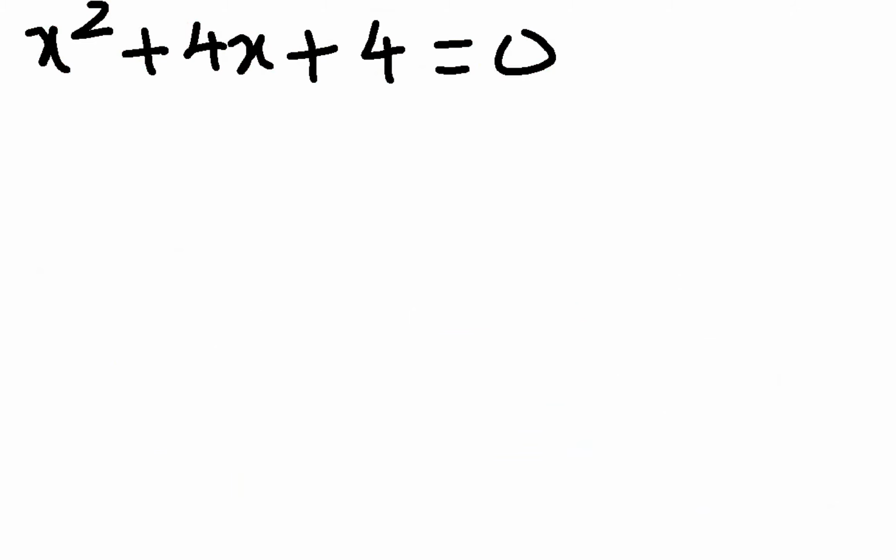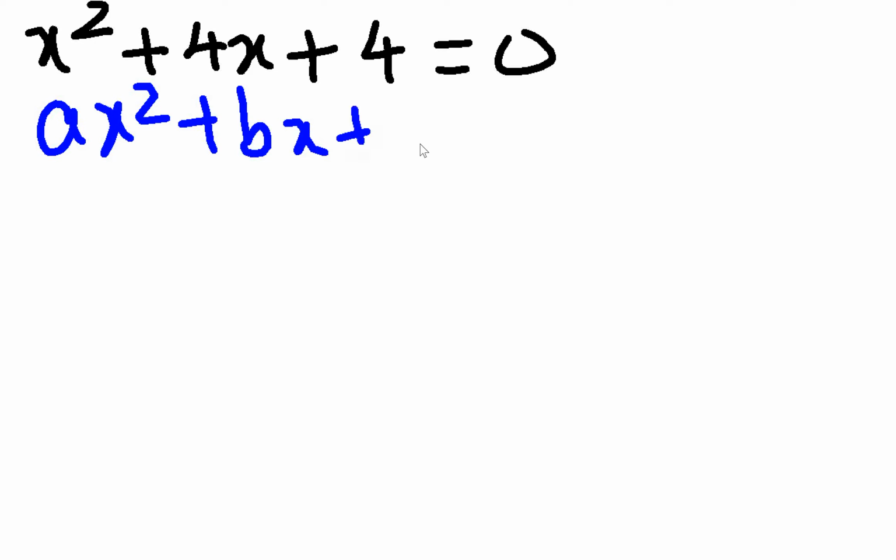It says x squared plus 4x plus 4 equal to 0. Again, let us compare it with the standard equation, which is nothing but ax squared plus bx plus c equal to 0. Even in your examinations, if this question appears, you don't have to write the standard equation each and every time and identify the a, b, c values.